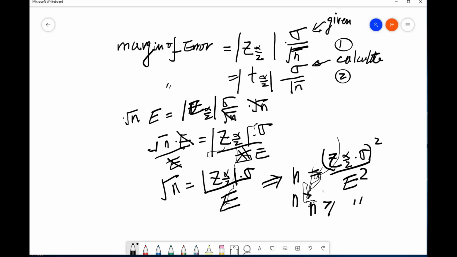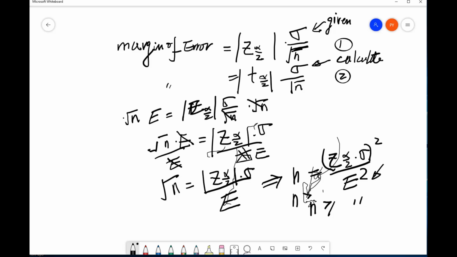The meaning of this inequality is that if we want to satisfy this margin of error, this is our requirement, and we also have the z value and sigma. For the given sigma, our number of observations should be larger than or equal to this critical value.